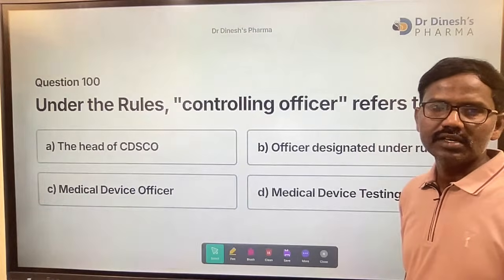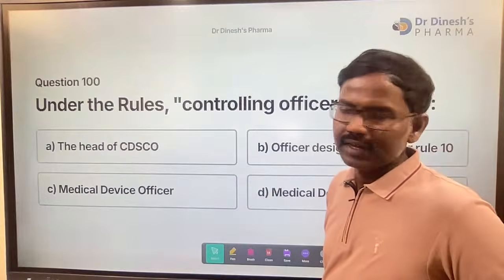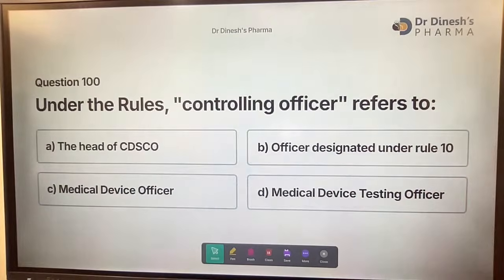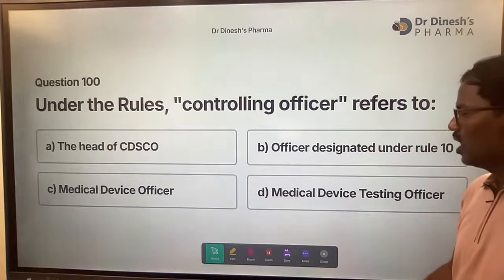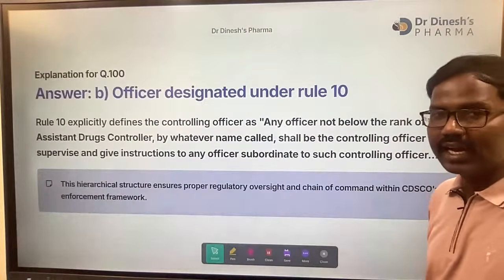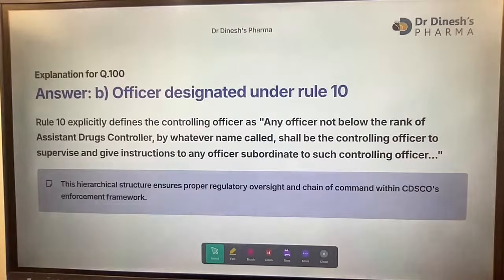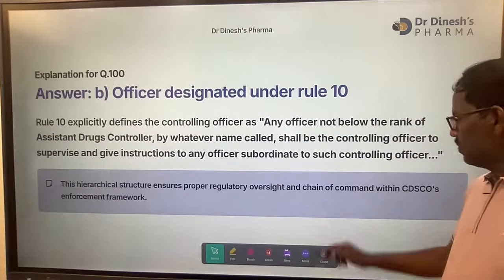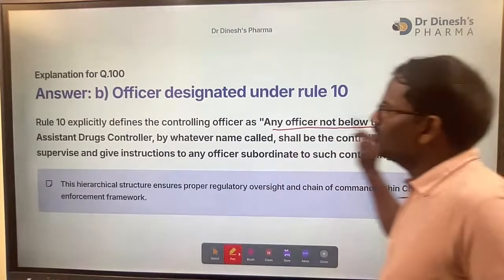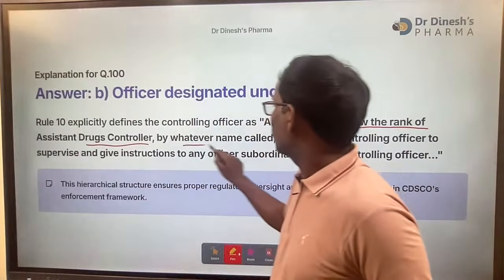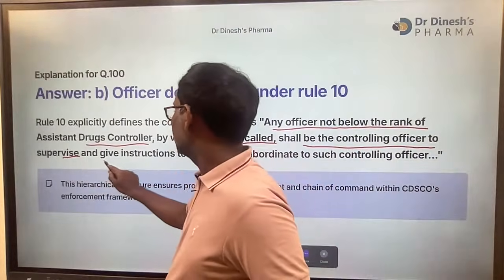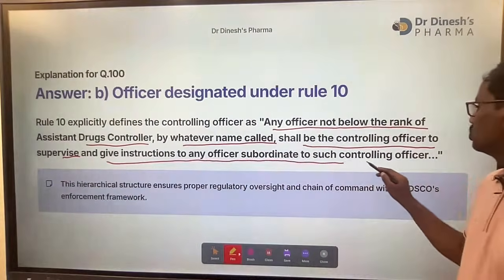Okay, let's go to the discussion. Right, Pavani, B. So the right answer is B: officer designated under Rule 10 is called a controlling officer. Rule 10 explicitly defines the controlling officer as any officer not below the rank of assistant drug controller, by whatever name called, who shall supervise and give instruction to any officer subordinate to such controlling officer.